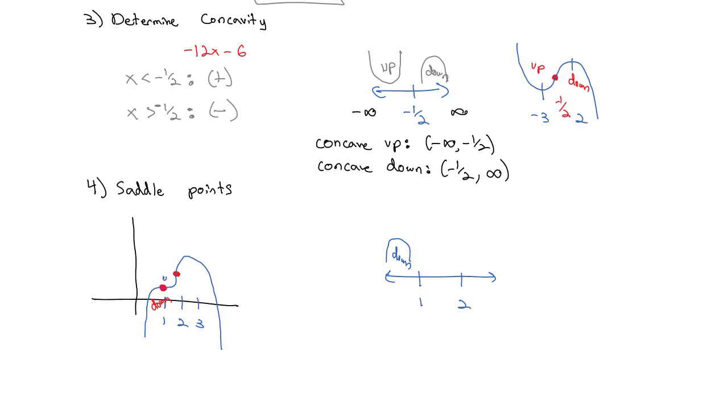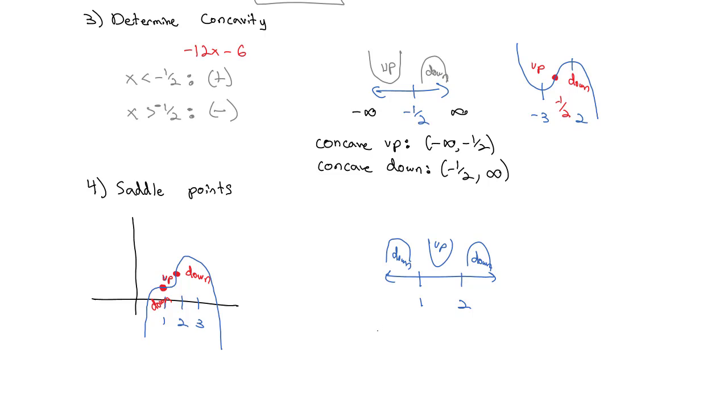It is shaped like a smiley face, or at least the right side of a smiley face. So between 1 and 2, it's going to be concave up. But then you notice after 2, it's shaped like a frowny face. It is rotating down. It is going to be concave down afterwards.